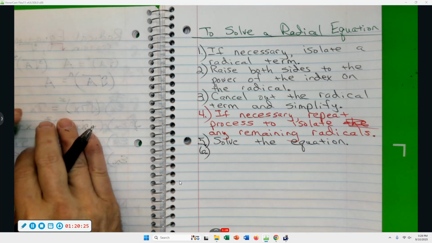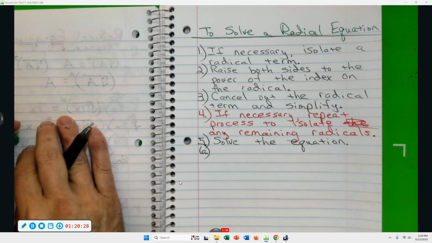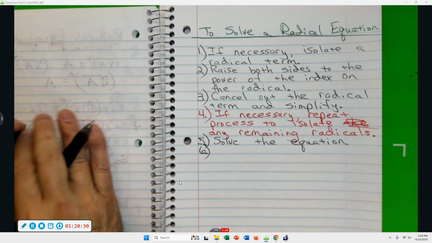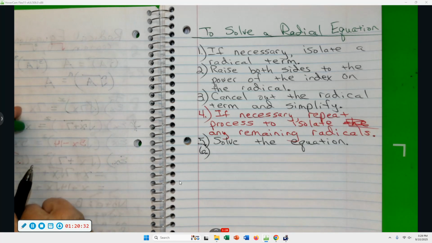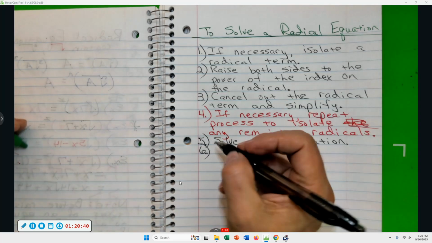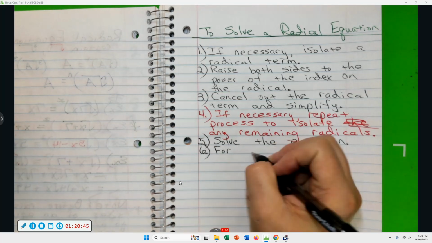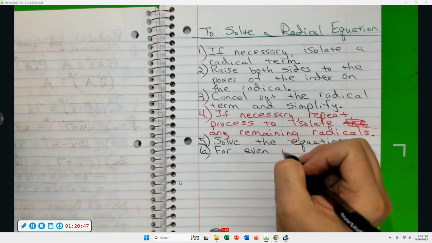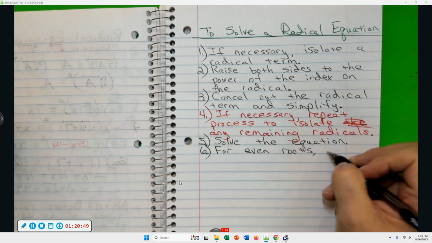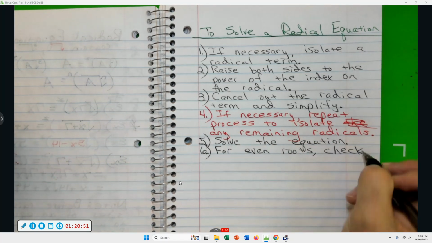You're going to have to manually plug your answers in to the radicals and verify that the left side of the original problem equals the right side for radicals with even indices. I'll say for even roots, you got to check your answers.